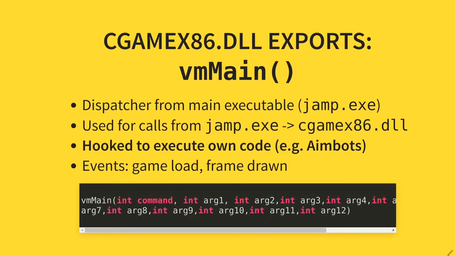So for example, the vmMain export is being called by the main executable to perform calls inside of this DLL. And the prototype of it is like this: you specify a command in the form of an integer, and you can pass 12 additional integers as parameters, which is like a generic way to perform calls into this QVM.